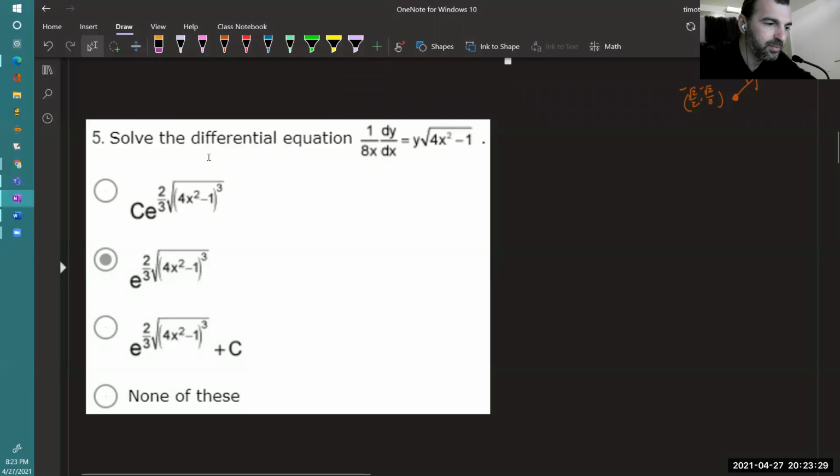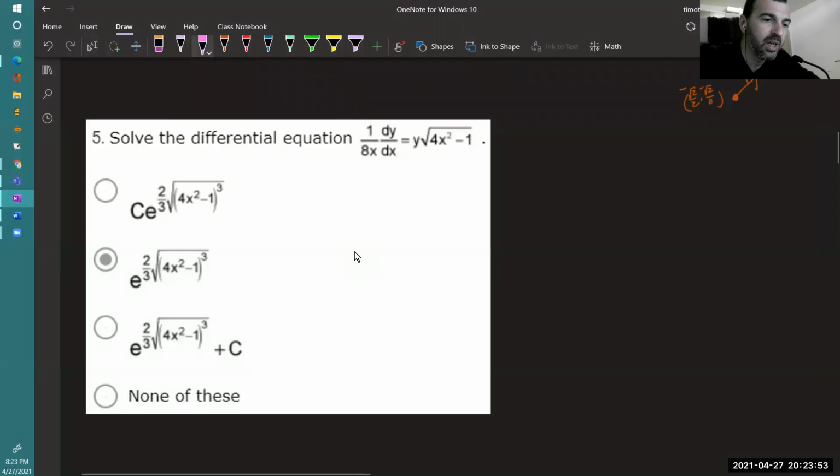Let's solve this differential equation here. What we're going to need to do for this one is, again, I believe, a separation of variables. So I'm going to pass this y down. I'm going to multiply the 8x up here.